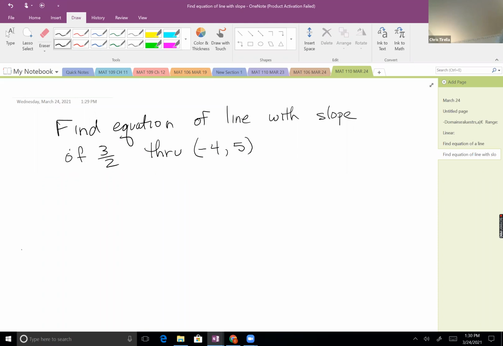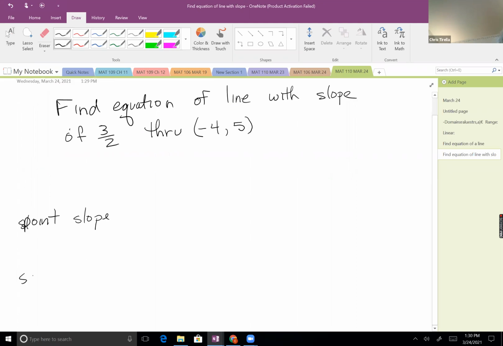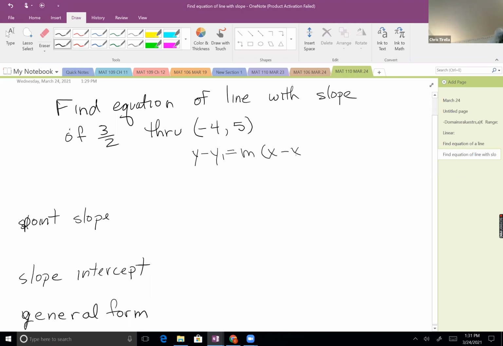We want it in point slope form, we want it in slope intercept form, and we want it in general form. And again, we're going to use y minus y1 equals m times x minus x1. And I'm going to shut up for a minute and ask you folks to do this. I'll be right back.